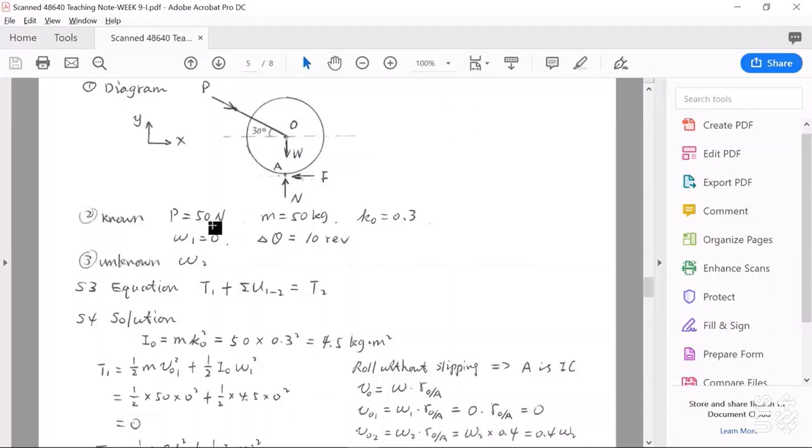Okay, external force P, 50 Newton, M, the mass of this wheel, 50 kilo, radius of gyration of this wheel is 0.3, so we can easily calculate its MMI about an axis O. Omega 1, initial angular velocity, 0. Delta theta is the angular displacement. It's 10 revolution.